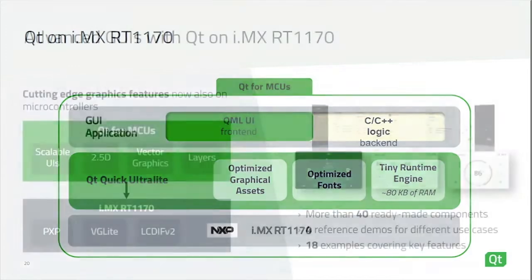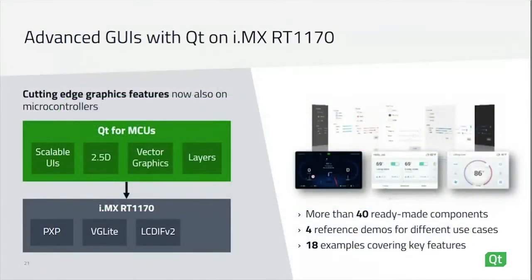What's really interesting, I think, about this hardware platform is that it's, as far as I can tell, maybe the first platform to bring some very advanced graphics capabilities, which up to this point were common only on mid-range or high-end SoCs, typically Cortex-A based.